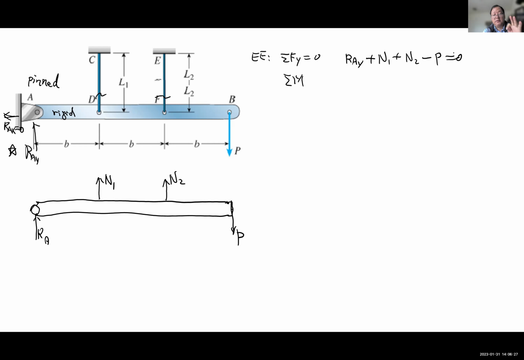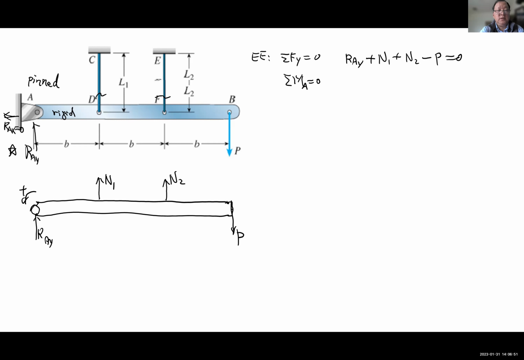Now the moment equation. You have one independent moment equation. So let's say we take moments about point A. Why select point A? Because this way the moment of RAy is 0, that disappears. So about point A, this direction we call positive.